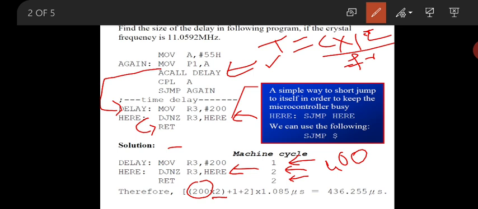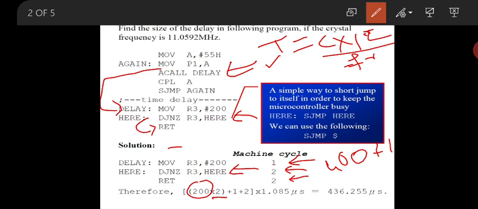Similarly, the delay program has two other instructions. MOV R3, 200 consumes one machine cycle.